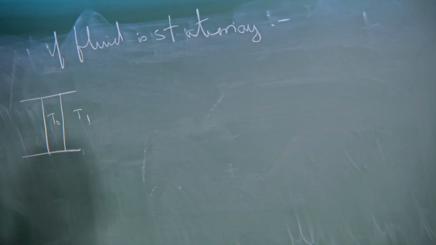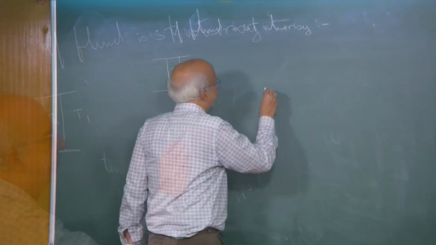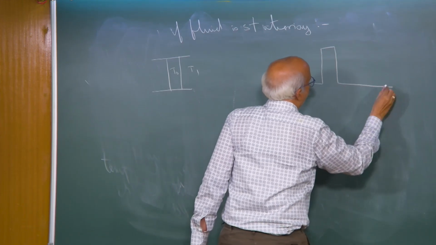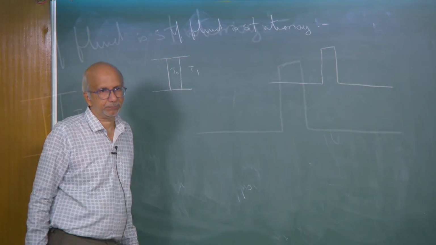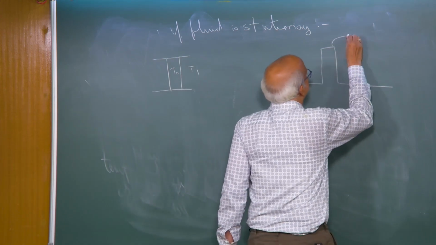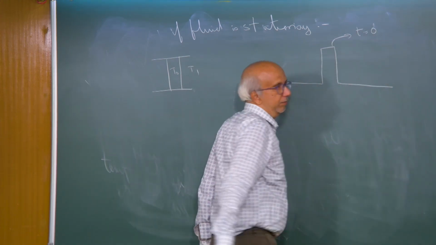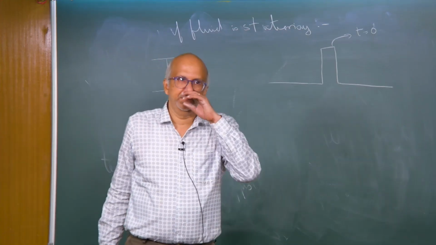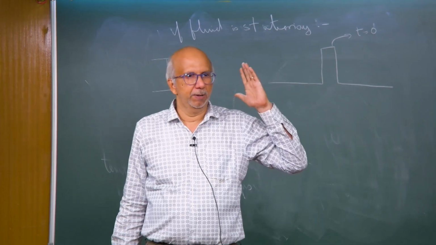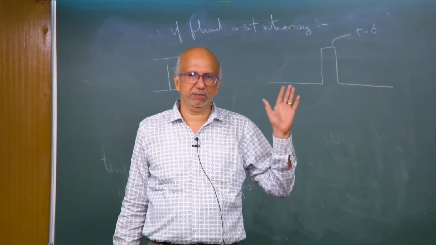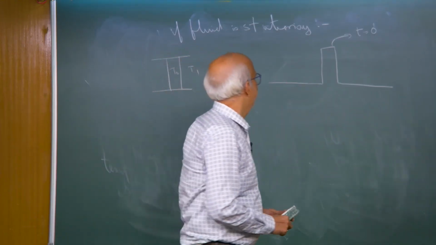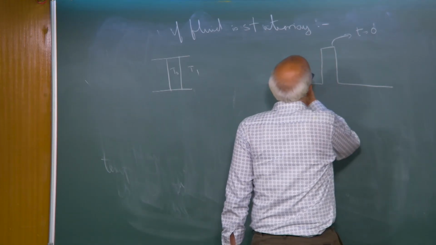If you were to plot the temperature as a function of Z, you will get something like this. This is the profile at t equal to 0. Now, no movement, everybody is sitting happily, okay. But there is diffusion going to take place. Because of diffusion, this hot fluid is going to lose heat to the surroundings, and slowly the temperature inside will decrease, and this sharp profile that I have drawn will become smoother.